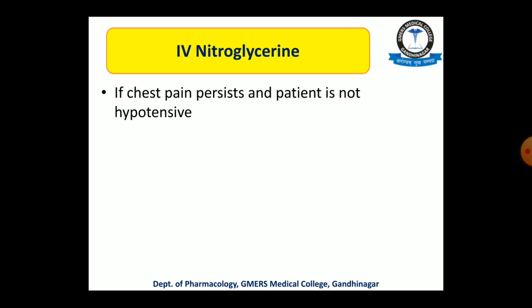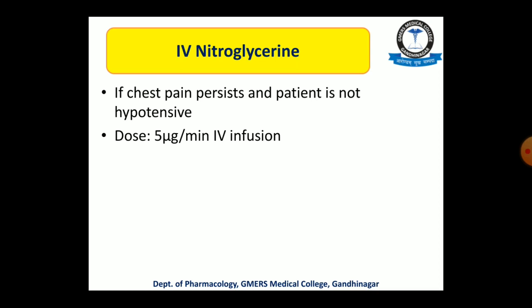Even if the patient has been given 3 sublingual nitroglycerin tablets before admission, if the chest pain still persists, because of the coronary vasodilatory as well as the cardiac work reducing action of the nitrate, it can be given as an intravenous infusion. Now the dose here, even though I have mentioned 5 microgram per minute IV infusion, depends on the vitals, especially the blood pressure.